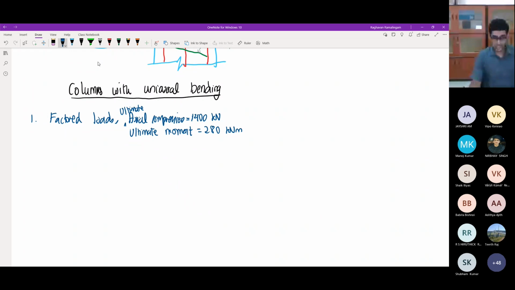So for this combination, we need to design the given column, and some set of values can be used. Here we are restricting ourselves to M20 and Fe415. Right, so let's make this column a rectangular one.